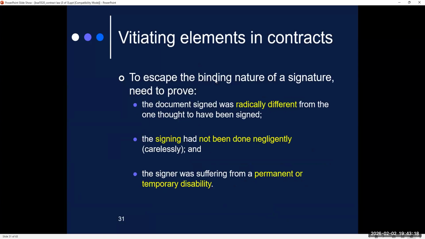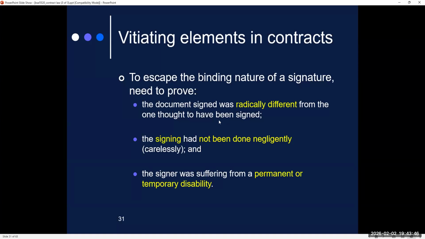So in order to escape the binding nature of a signature, because as before, we said that no matter you have read it or not, once you sign it, then you are bound by the contract. But there is an exception. And in order to have this exception, one needs to prove the following things. Number one, the document signed was radically different from the one thought to have been signed.